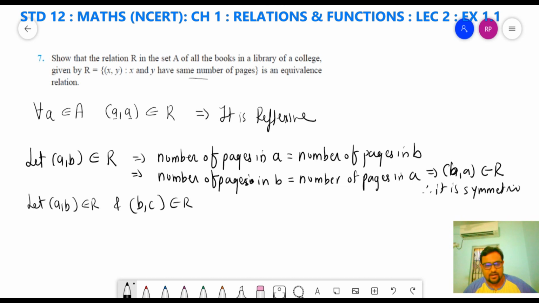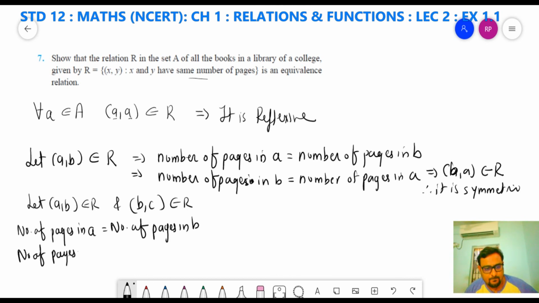Here I am writing in short, number of pages in a equal to number of pages in b, and (b, c) belongs to R, that means number of pages in b equal to number of pages in c.